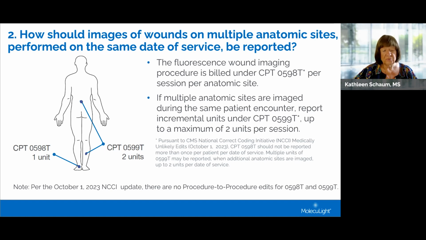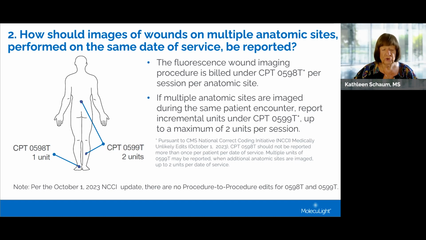All 3 wounds meet medical necessity requirements for imaging. Now, the first anatomic site that was imaged was the wound on the heel. Therefore, 1 unit of 0598T should be reported for the heel wound image.